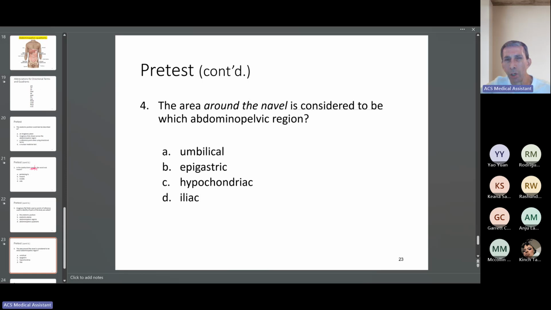Okay, number 4. The area around the navel is considered which abdominopelvic region? See, now it specifies that it is a region. So answer which one is called navel. Oh my goodness, easy, right? I hope everybody got this right.